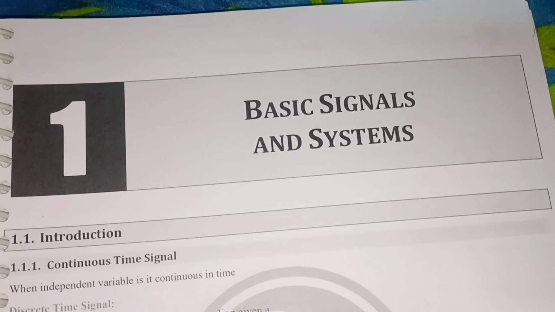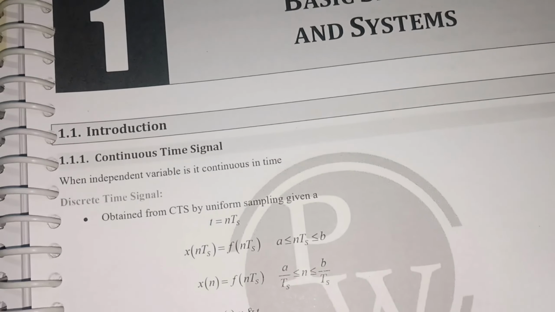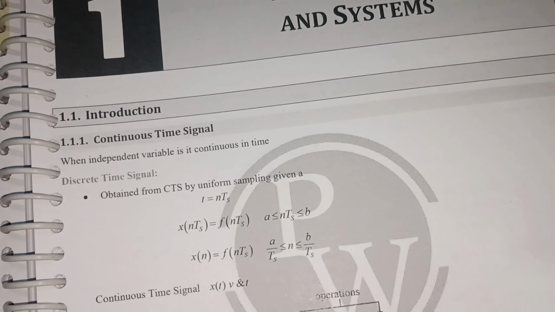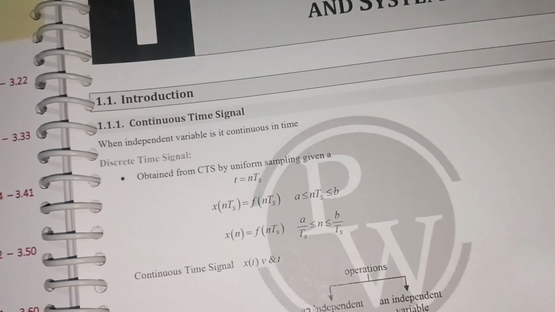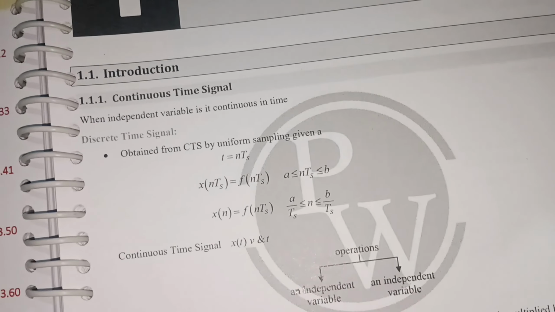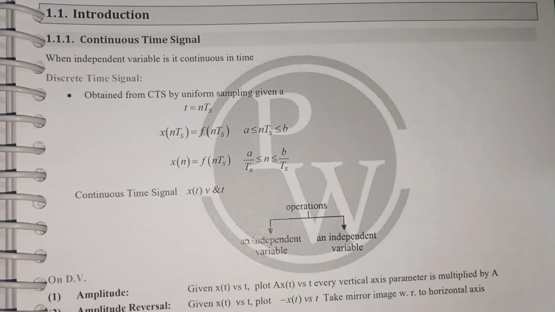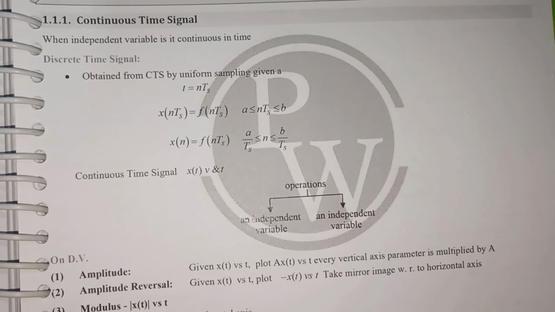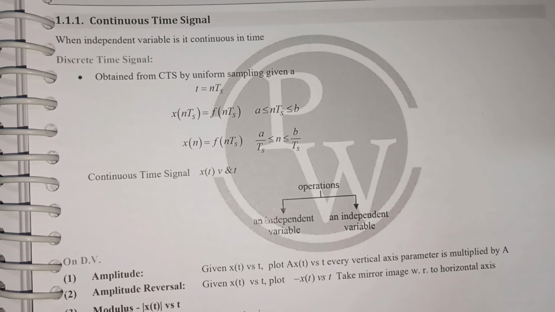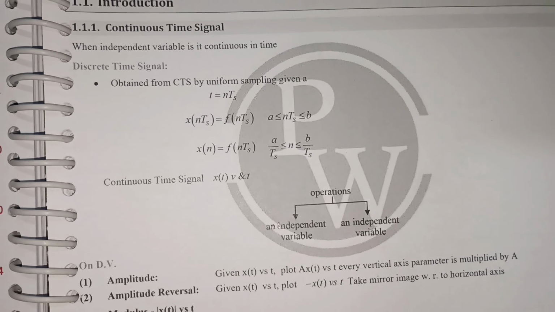Basic signals and systems. Introduction. If a signal is continuous without any middle distortion or without any erasing of the signals, it is known as continuous time signal. So let's see here.